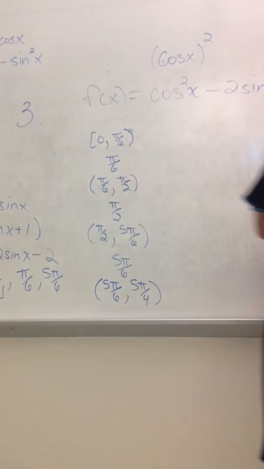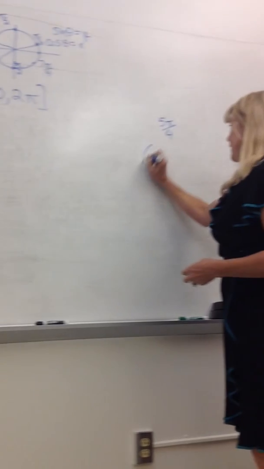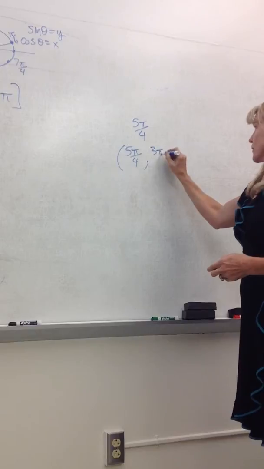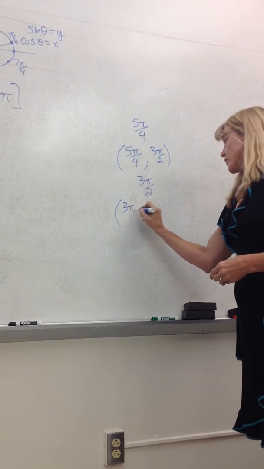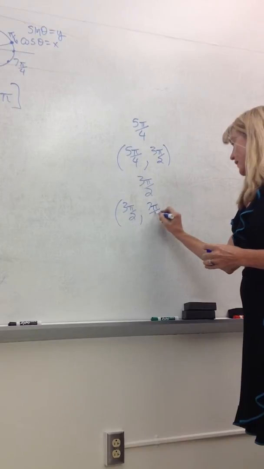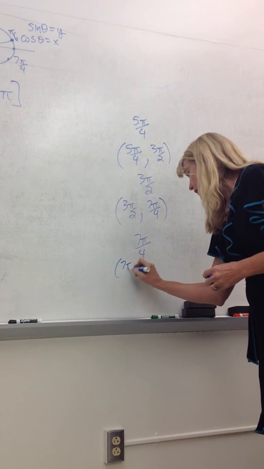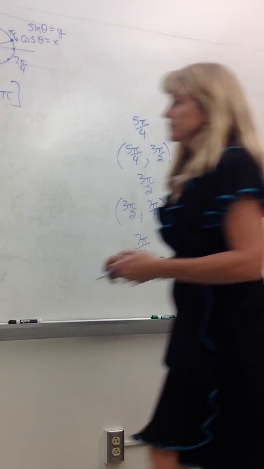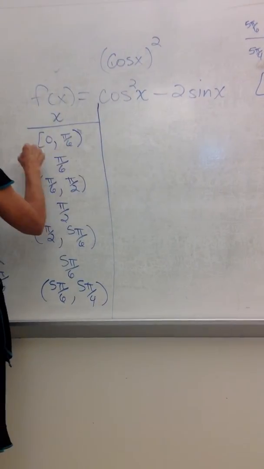Okay, then I want to leave space, and we'll pick up over here. At 5 pi over 4, you'll account for that, and then you'll go from 5 pi over 4 to 3 pi over 2, and account for 3 pi over 2, and then go from 3 pi over 2 to 7 pi over 4, and 7 pi over 4, and that was the last one, right? And then you're going to 2 pi, and you stop at 2 pi. So these are my intervals of x.